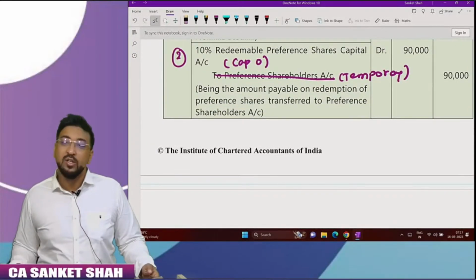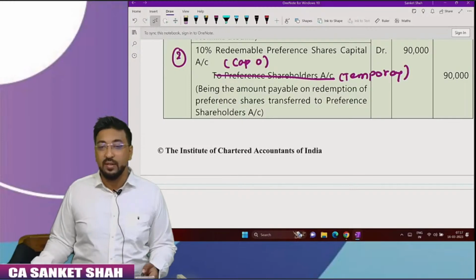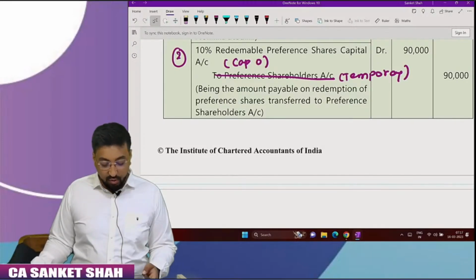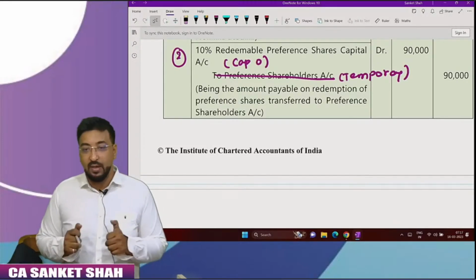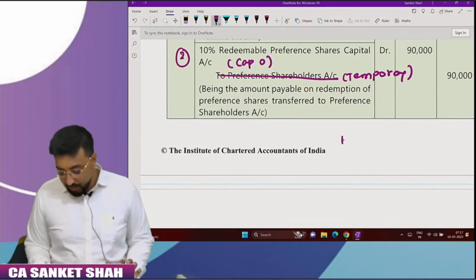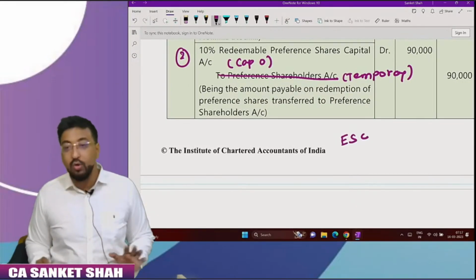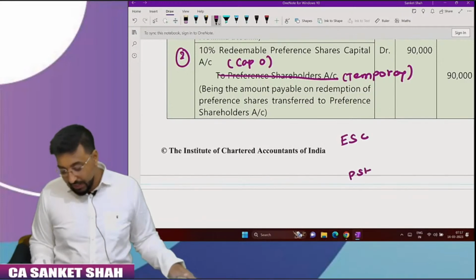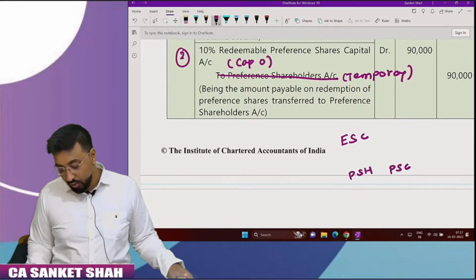चलो एक बार आप लोग सभी comment section में entries लिखो. Write down in the comment section, every one of you, what is the entry. फटाफट लिखो and you can type बेटा simply ESC type करो. Don't type full. Preference shareholder PSH, preference capital you can write as PSC.